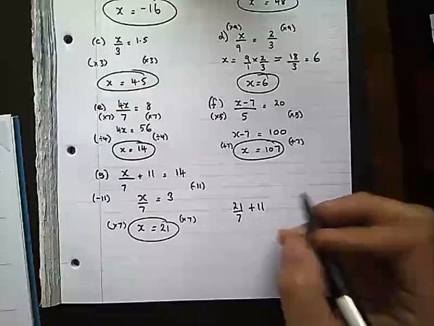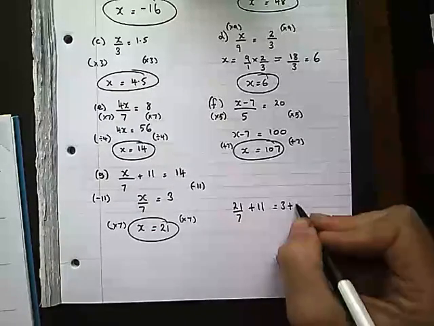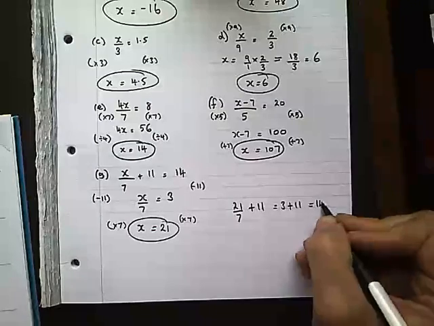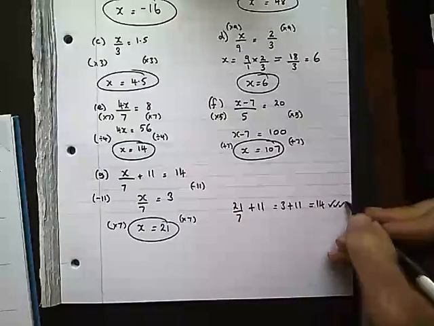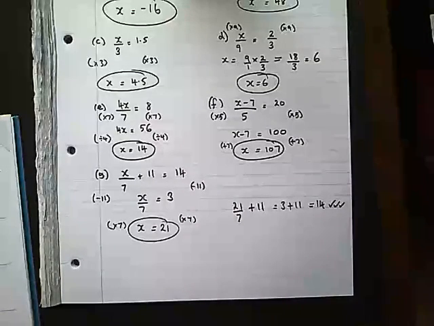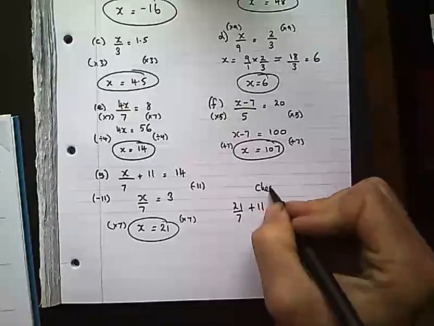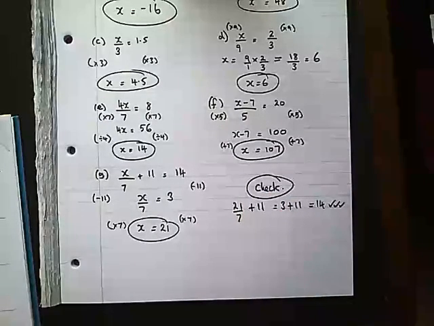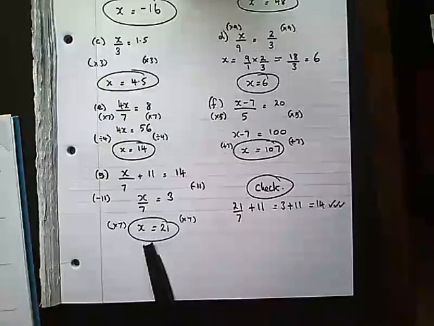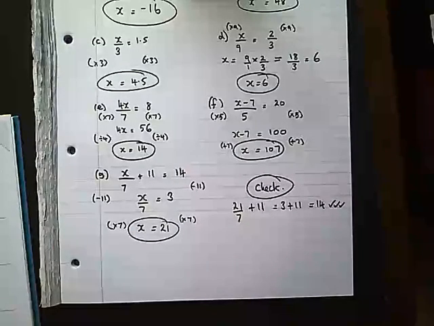That's 3. 3 plus 11 is 14, and that's the number they told me it was equal to. So yeah, tick, tick, tick. So that was my check there. So if you're never sure whether you got the right answer, your check is to put your x number back into your equation that you started with, and hopefully you get the number that they said you had.